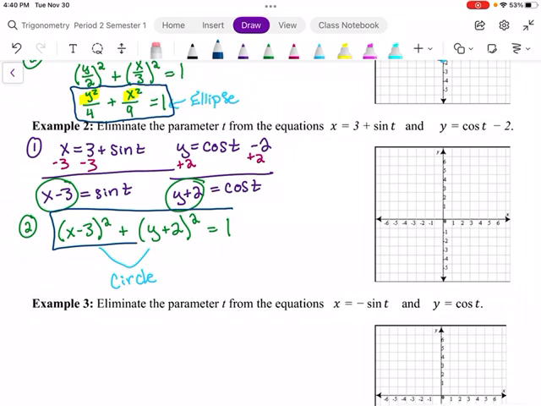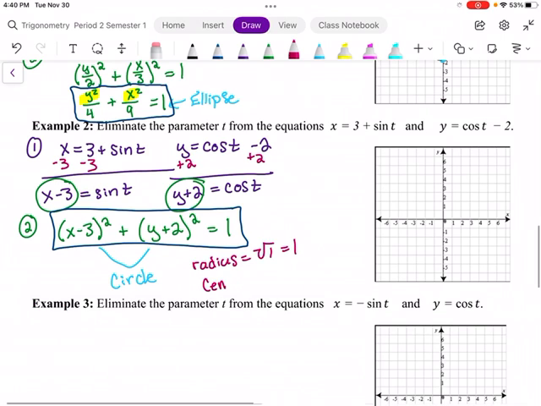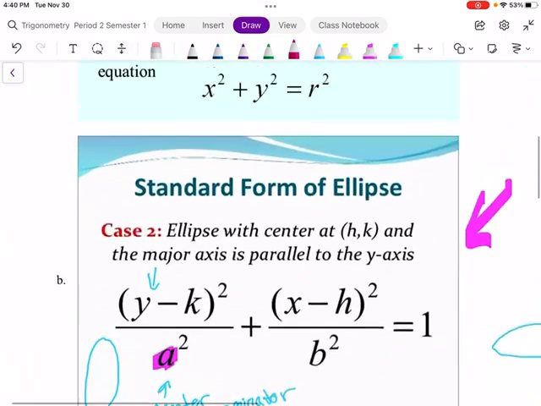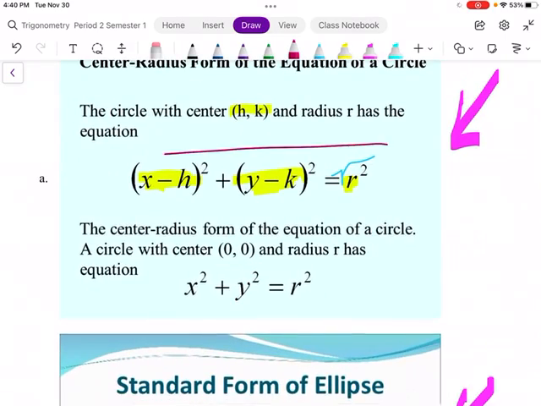So for this circle, our radius is going to be equal to the square root of 1. And then we also need to find the center. If we look at our equation up here, our center is at (h, k). H we get from the x and k we get from the y.